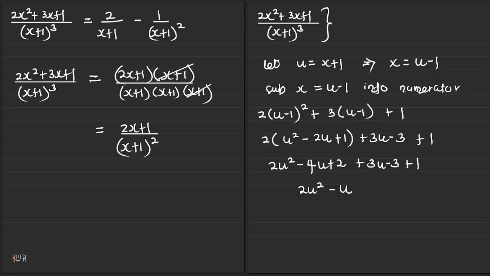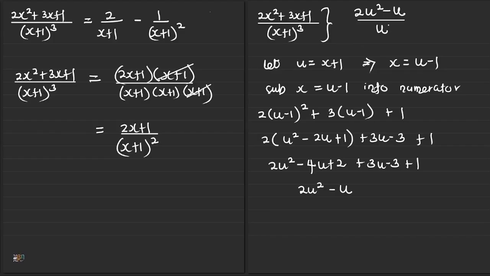The numerator has been written as this in terms of u. So we have 2u squared minus u, then all over the denominator. We said x plus 1 is u, so this is our u here. So u cube.